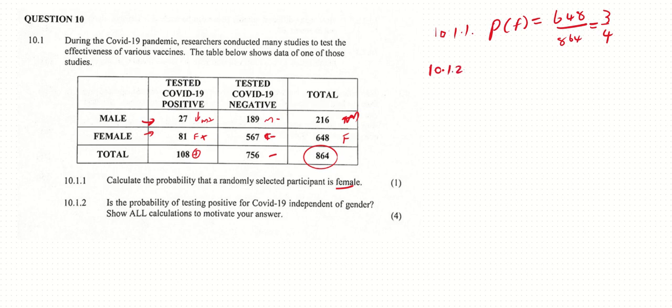10.1.2 is the probability of testing positive for COVID-19 independent of gender. Now, is the probability of being positive independent of gender? Remember, if the answer is yes, the probability of being positive multiplied by the probability of gender should be the probability of being positive and gender.